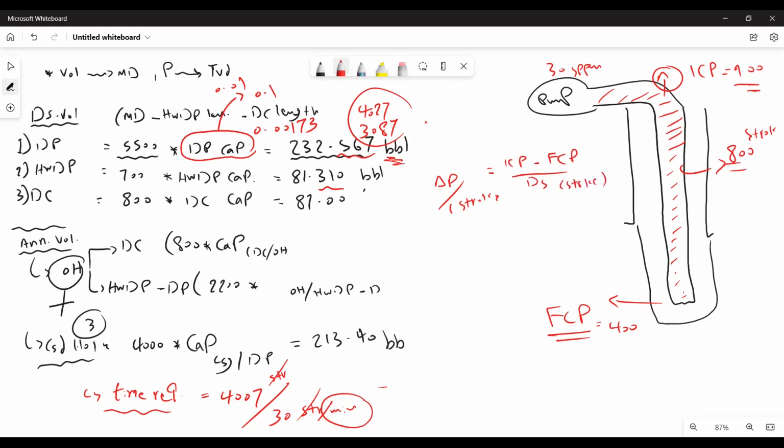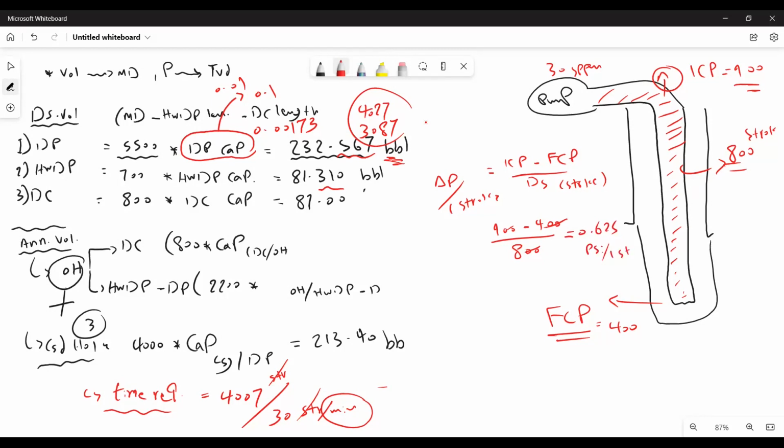So for this example, ICP 900 minus FCP 400 over 800. Zeros cancel, so it will be 5 over 8. Let's calculate. It will be 0.625 PSI for each one stroke.